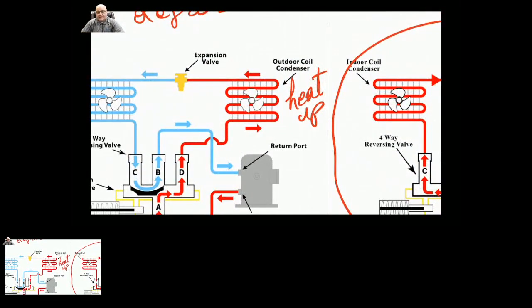We just run the thing in AC mode, in cooling mode, so that the high temperature, high pressure refrigerant goes to the outdoor coil. And we stop the fan outdoors. We don't want the fan to be working against our heat coming in.